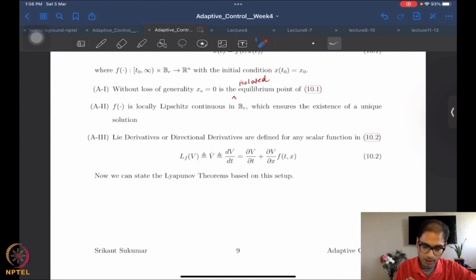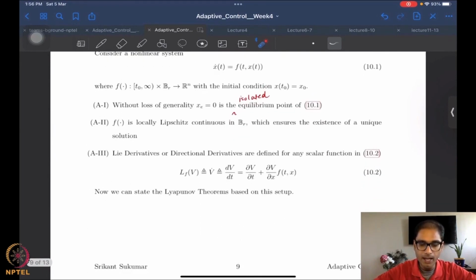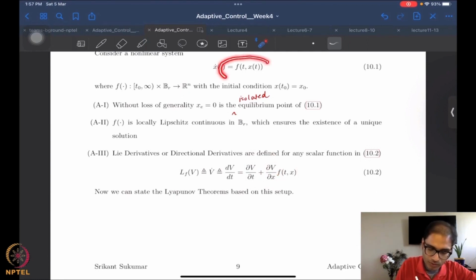Right? What is the idea? If you look at all these functions v that we defined, they are functions of time and some variable x. Okay, so when I take the derivative of that, I get the partial of v with respect to t and the partial of v with respect to x times x dot. Now, if I substitute for x dot from this particular vector field, then it becomes what is called a directional derivative.